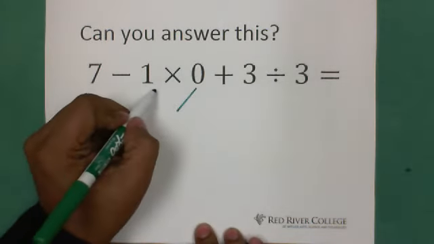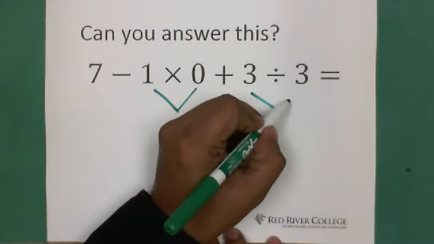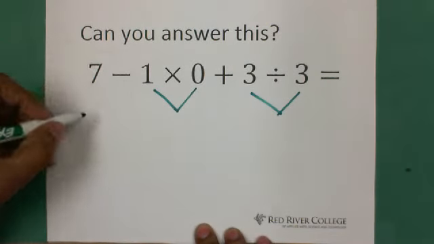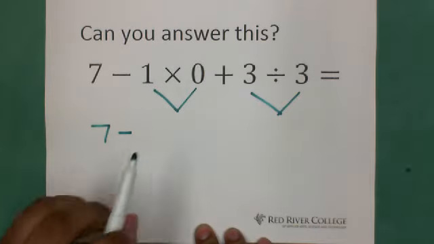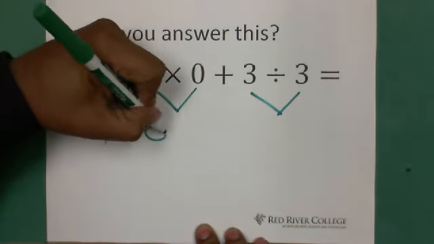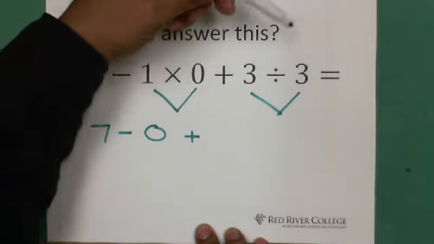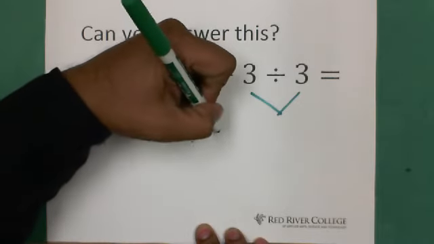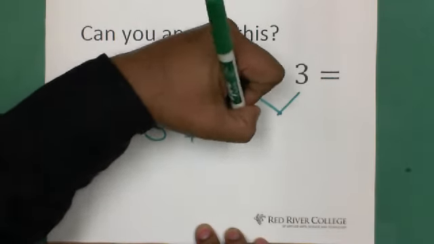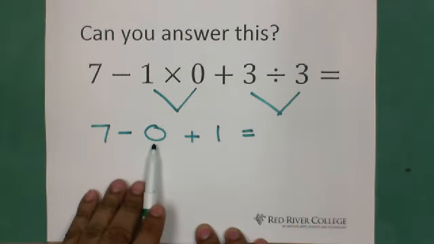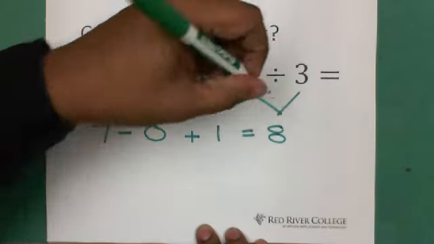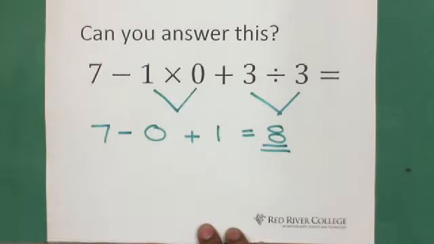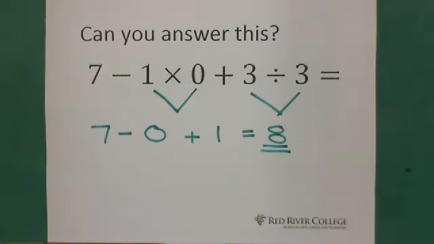Yes. All right, so 7 minus 1 times 0 is 0. Plus 3 divided by 3 is 1. 7 minus 0 is 7, plus 1 is 8. And there we have it, the final answer.